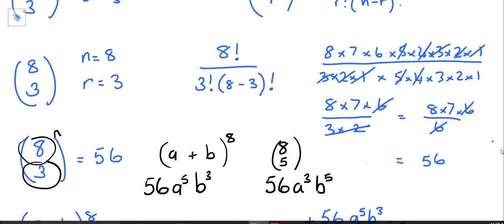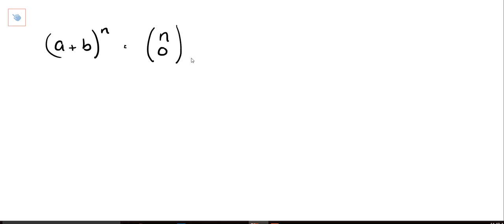So if you wouldn't mind, let's turn to page 186 in your textbook, and we'll just discuss the notation. So we've got (a + b) to the power of n, and the expansion can be written as n choose 0, and then a to the power of n, b to the power of 0, because it's the first one.